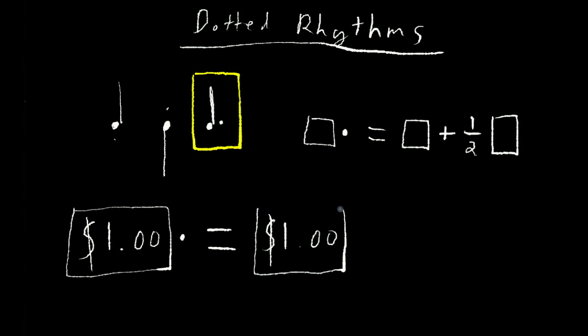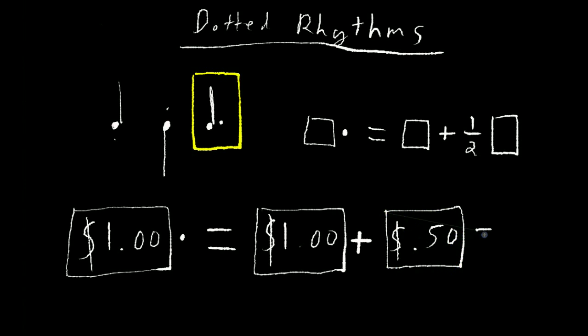So I still have that. But I add to it 1/2 of a dollar. So what is 1/2 of a dollar? Well, it's 50 cents, which is 1/2 of that dollar. So all in all, I have $1.50. So anyway, that's kind of a little bit of an abstract example.